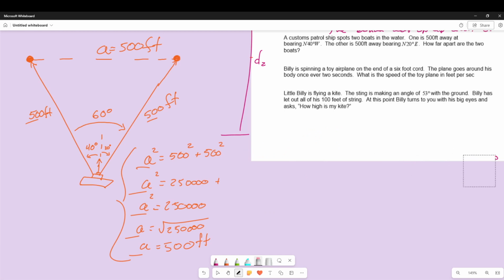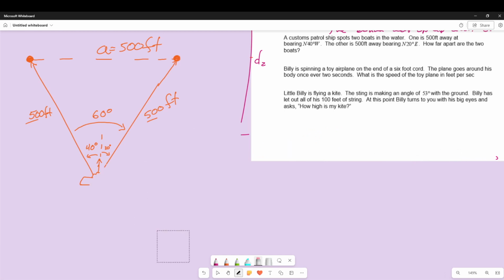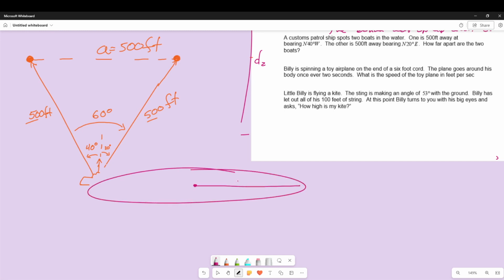Okay, Billy's airplane. Billy's spinning the toy airplane on a 6-foot cord, so spinning it around on some 6-foot cord, with a little airplane on the end of that cord, because that's got to be a fun thing to do, right?